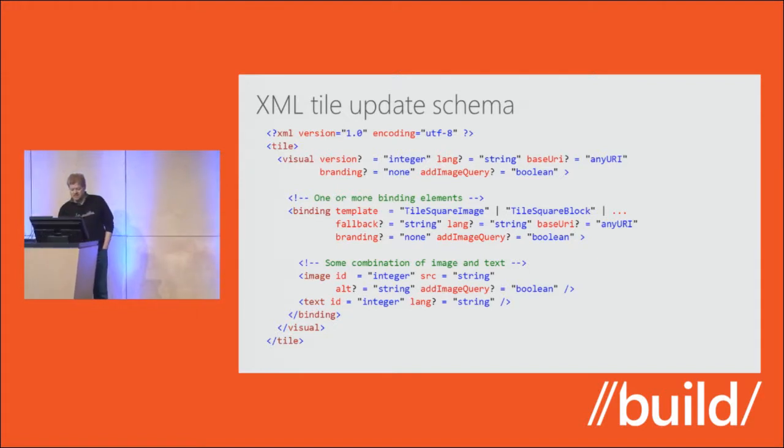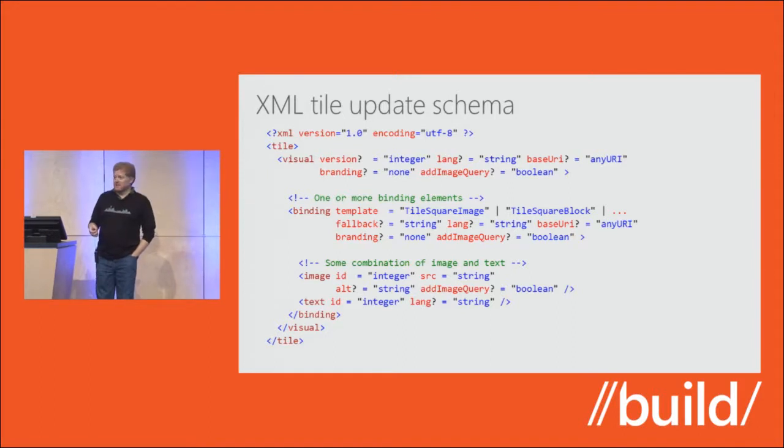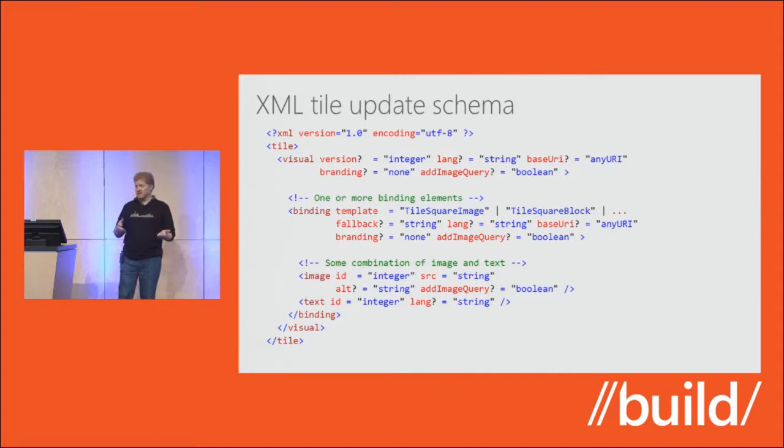And this little thing here called Add Image Query that you see in all these different places is a special little feature that we have in this. When you go to issue a tile update, you're going to have typically images in this. Well, the system can be running under multiple scaling factors, multiple pixel densities of 140, 180, and 100%.